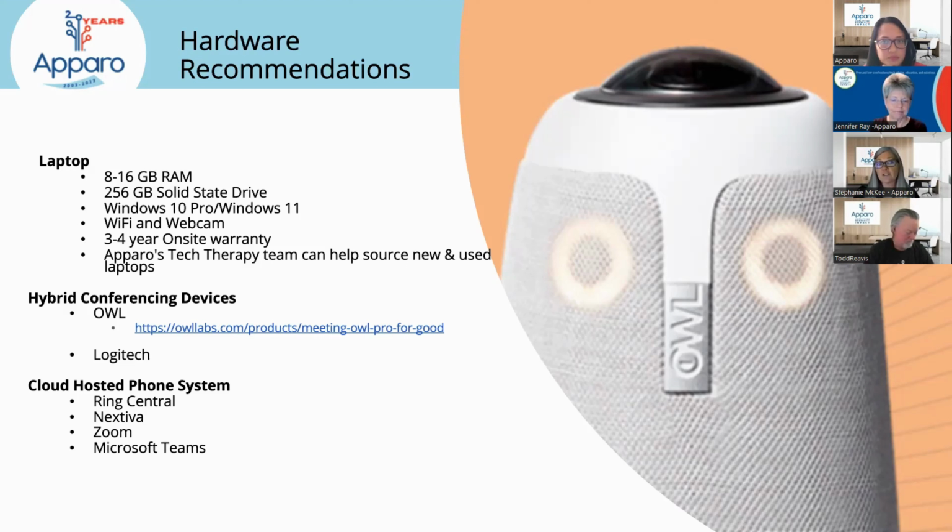And then cloud-hosted phone systems have become a lot more popular, especially in the hybrid. A lot of people use what are called soft phones. A soft phone is an application you can put on your computer. It's like Microsoft Teams. If you ever use Teams, you can actually call people externally, like your traditional phone system.